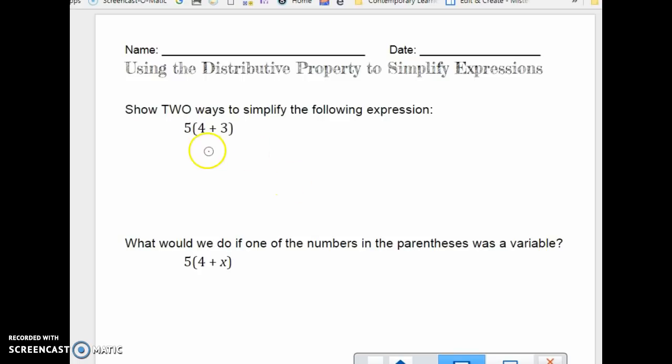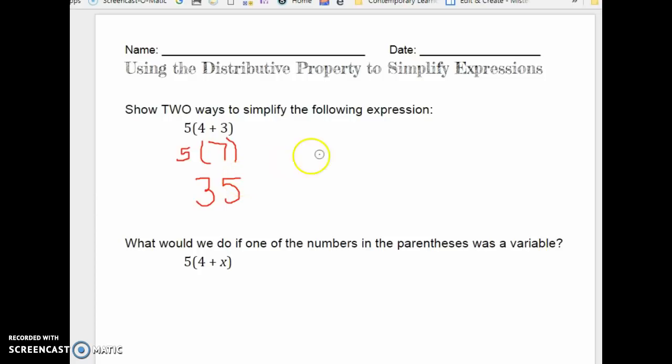Okay, so 4 plus 3 is 7, and that's in the parentheses. Yes, I had to go back to using my mouse. Sorry about that. And this means it's 5 times 7, or what's in the parentheses. So 5 times 7 is 35.